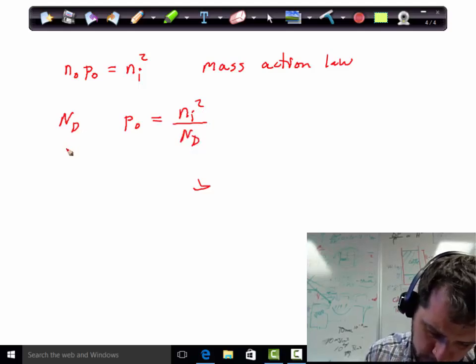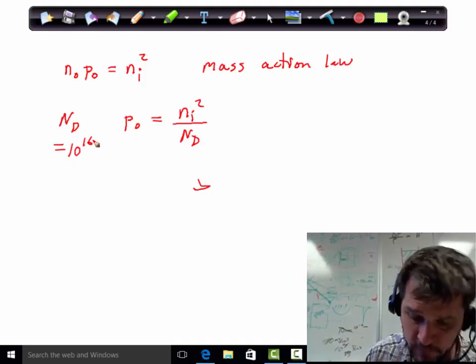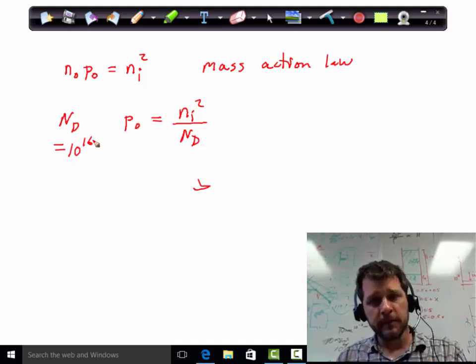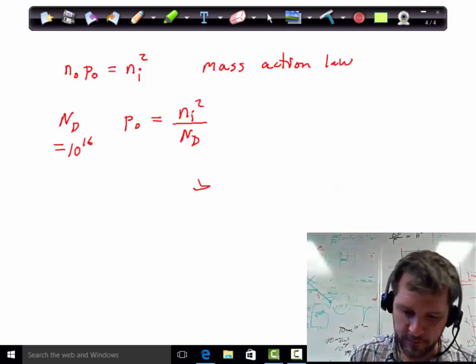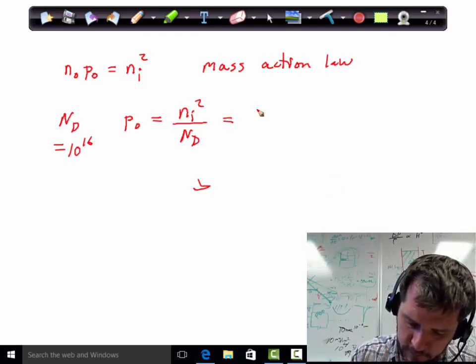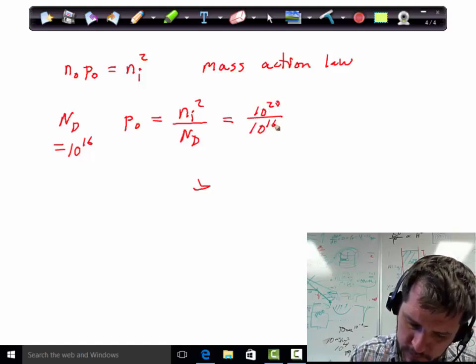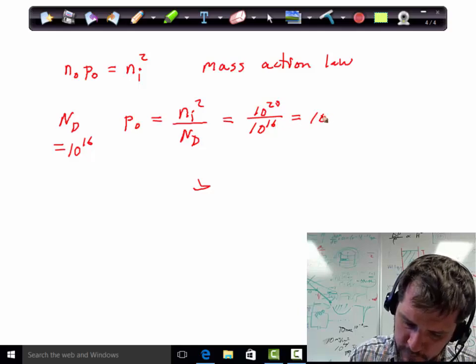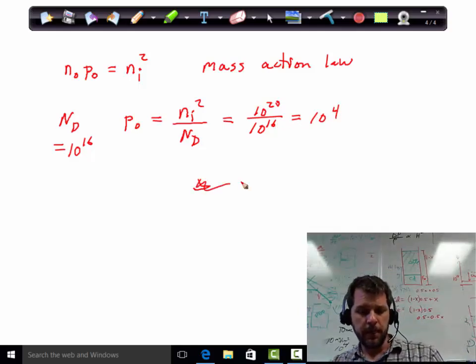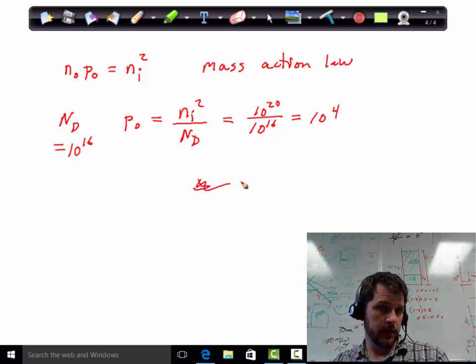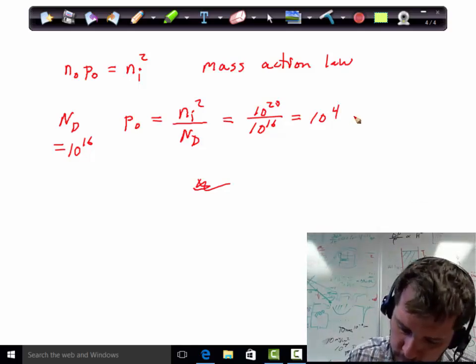So let's assume Nd is 10 to the 16 per cubic centimeter in silicon. Remember that Ni is 10 to the 10th, so Ni squared is 10 to the 20th. We get 10 to the 20th over 10 to the 16th, and that leaves us with 10 to the 4th. So it's a very small density of holes, but meaningful later on when we talk about devices.